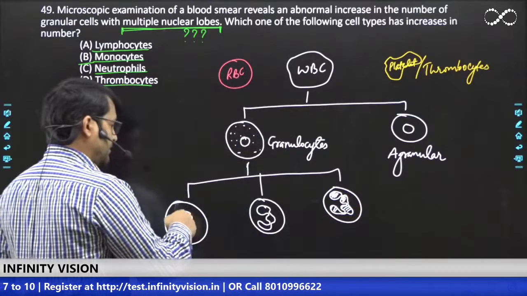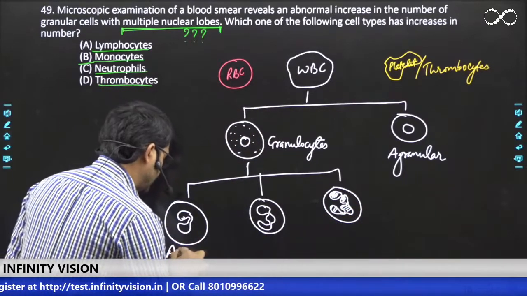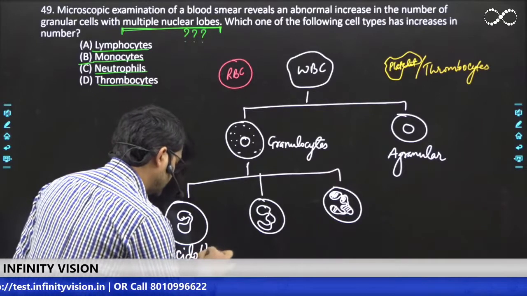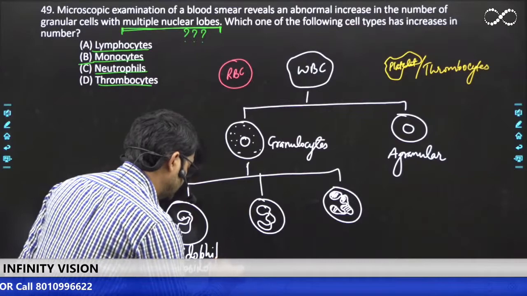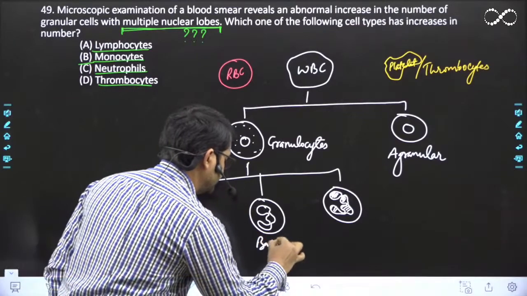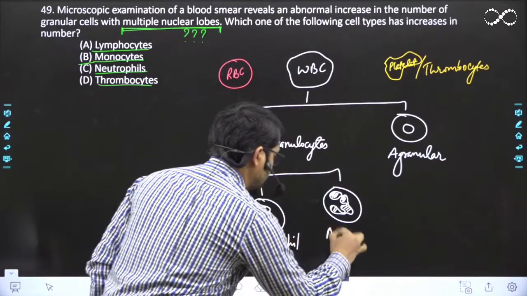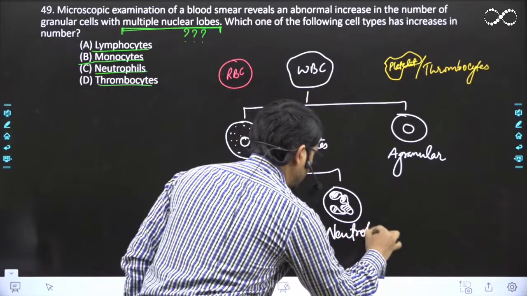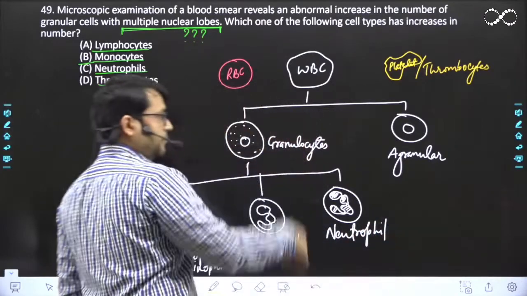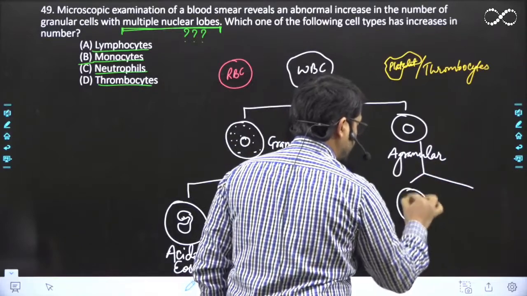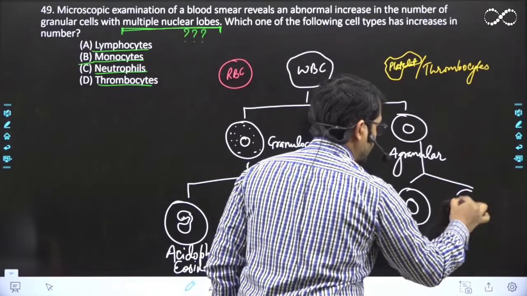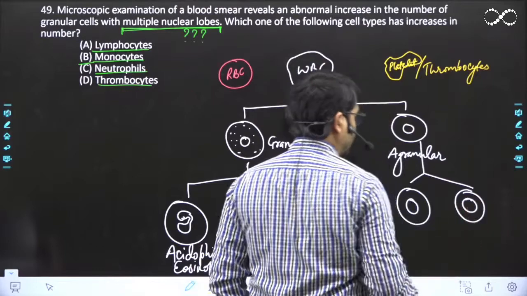Now, this two-lobed is known as acidophil or eosinophil. Okay, this is basophil, and this is neutrophil, right? When we talk about agranulocytes, they are also of two types, monocytes and lymphocytes.